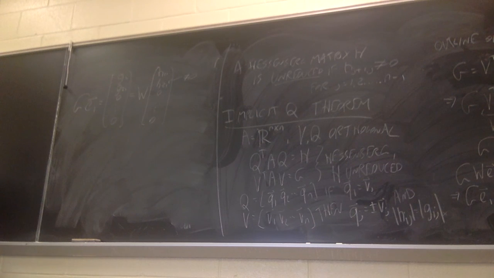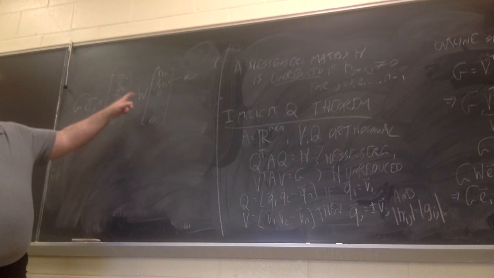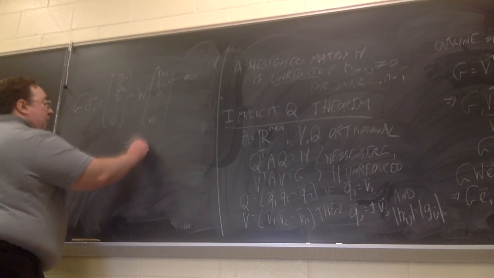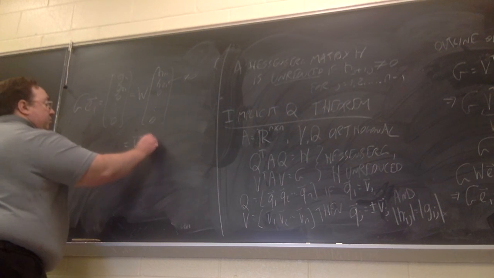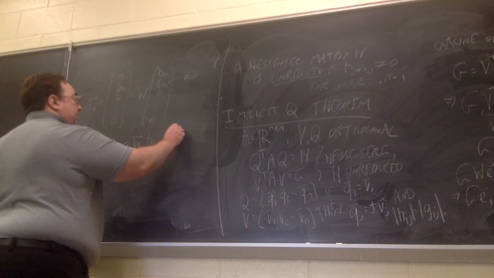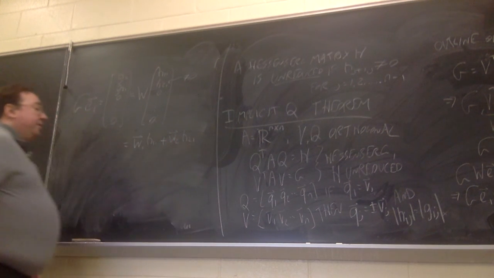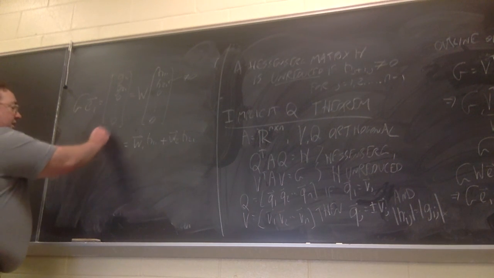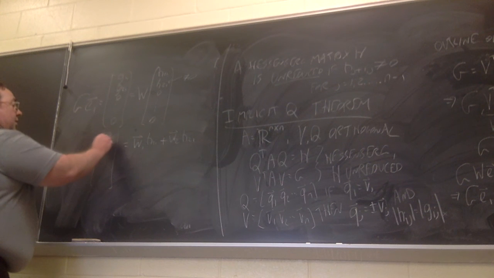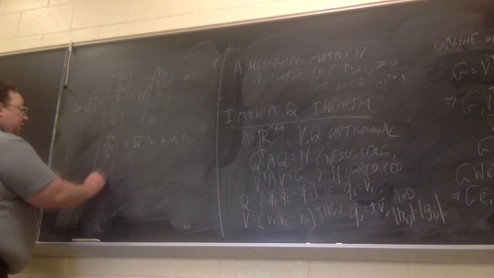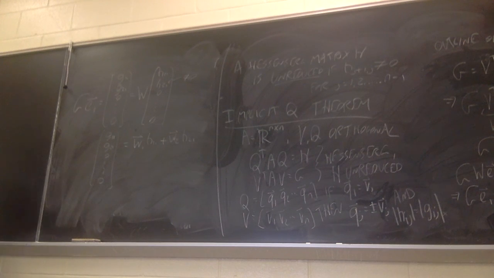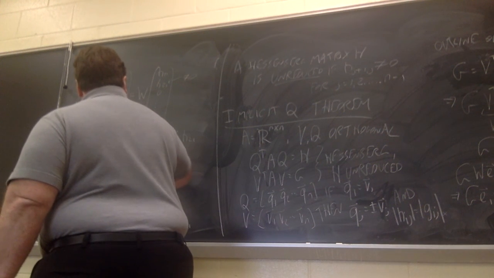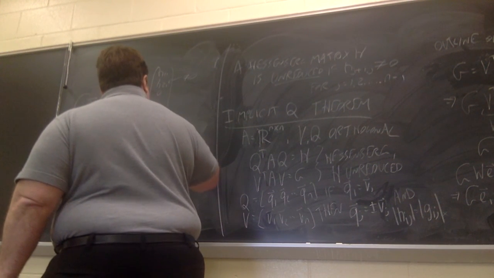Now, what is this matrix vector product doing? It's taking the first column of W times H11 plus the second column of W times H21, which is equal to all this. Now, I know what W1 is. That's E1. I don't know about W2, but I can solve for it now.